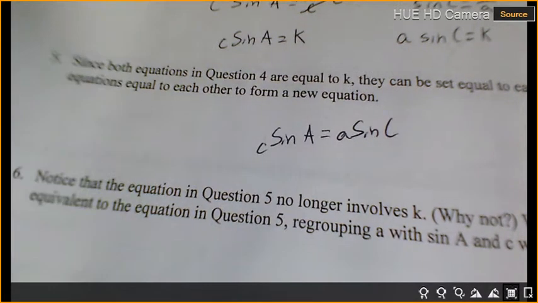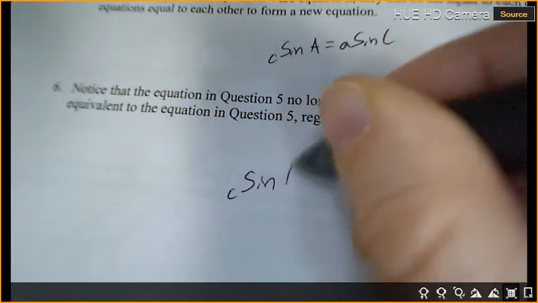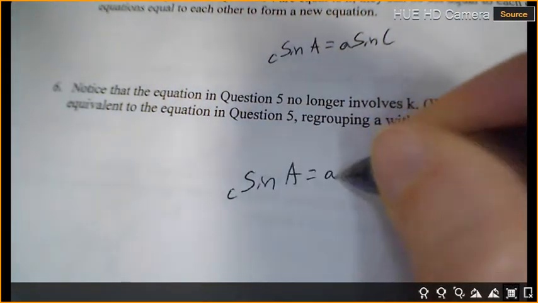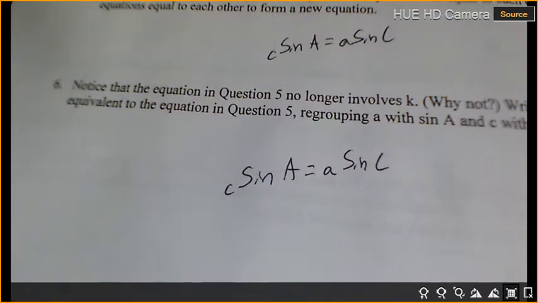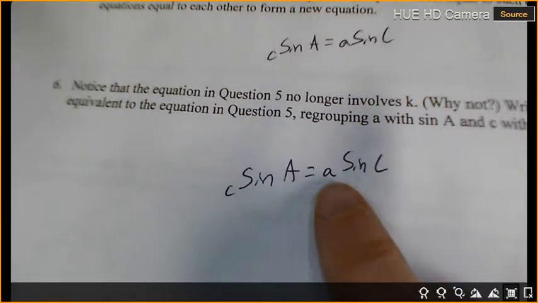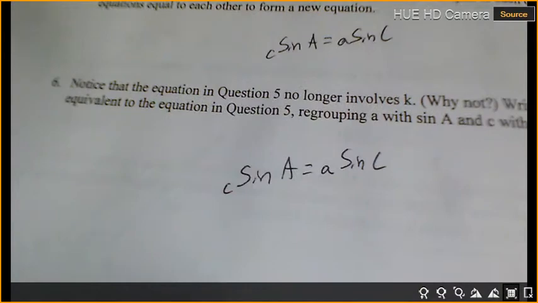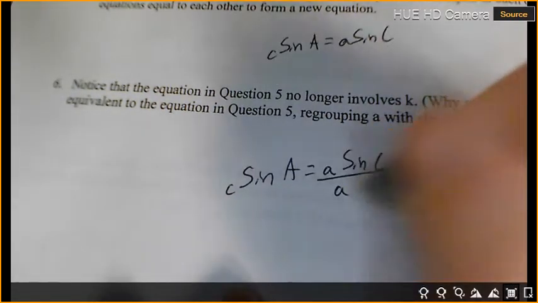Okay, so this is where it gets a little weird. I've got little c sine A equals little a sine C. I want the A's all on one side and the C's all on the other. How am I going to get this A right here to this other side? Divide it.